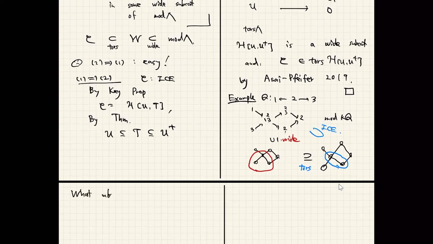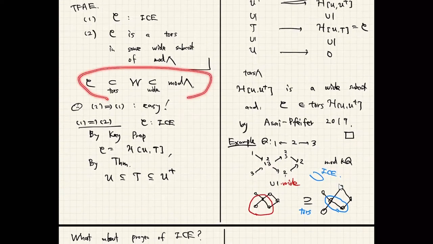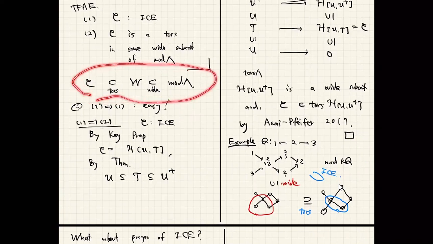What about progenerators of ICE-closed subcategories in the general case? Since every ICE-closed subcategory is reduced to the study of torsion classes of some other abelian categories, we want to consider progenerators of torsion classes in abelian categories.